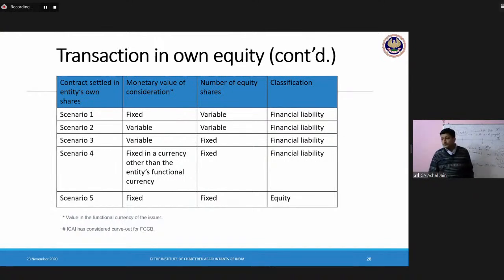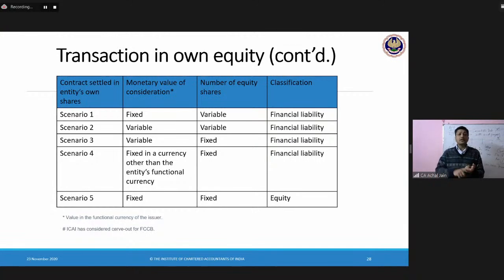But please note that when test number 1 calls an instrument a financial liability, therein you will not apply fixed for fixed. You will say, sir, we have now understood that for any instrument we should check whether fixed for fixed is there or not, because if it is fixed for fixed, then it will become equity, otherwise a financial liability. Very good, I can agree with your point, but be cautious.